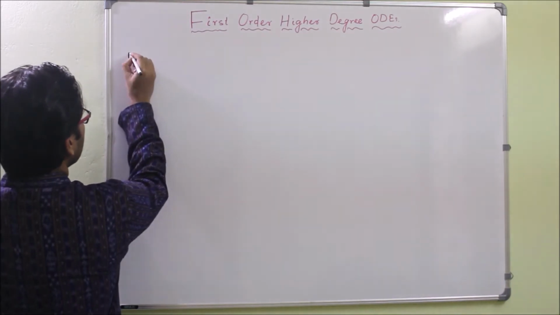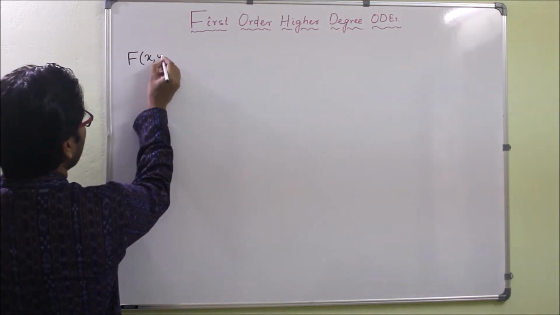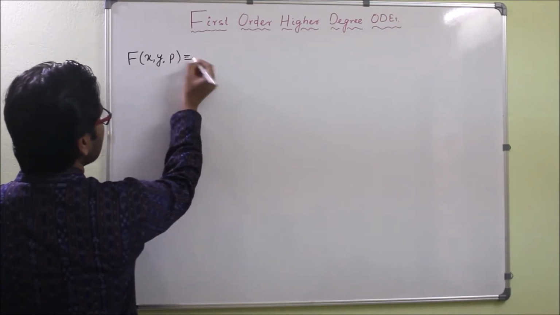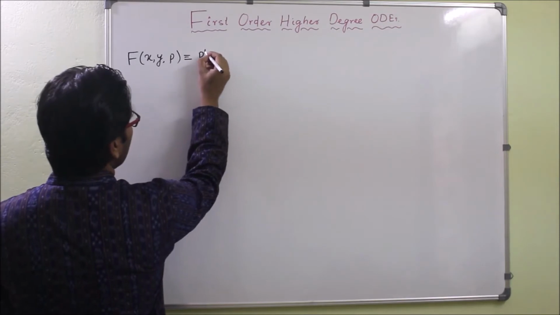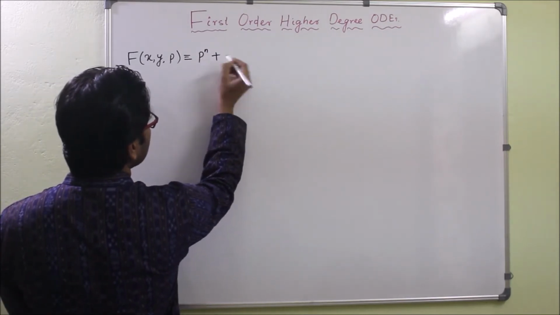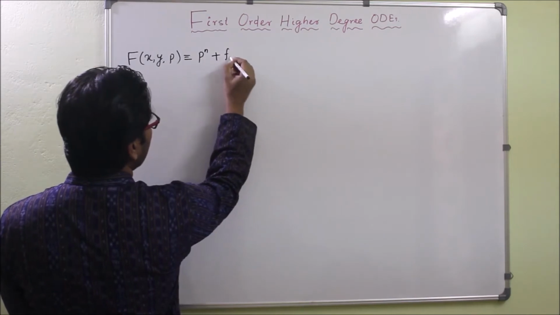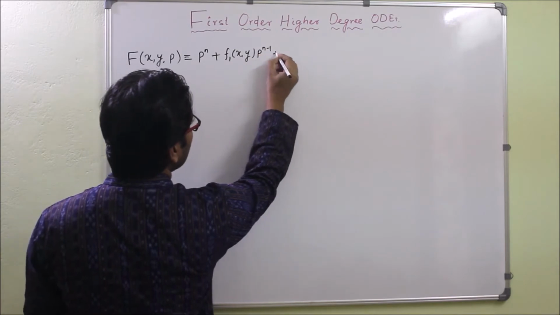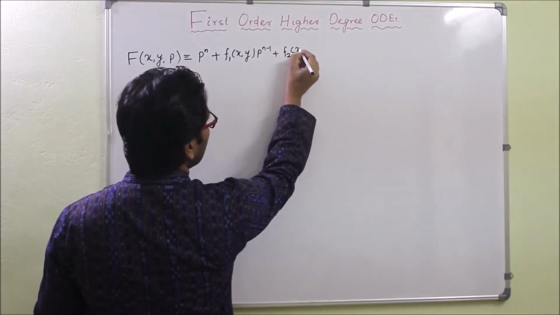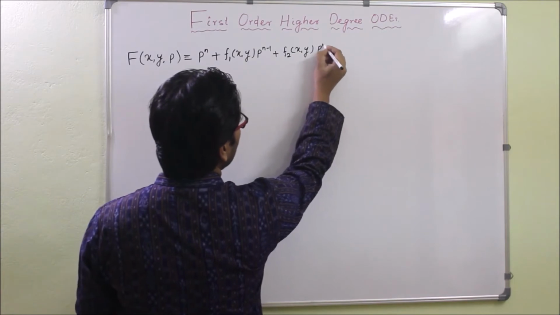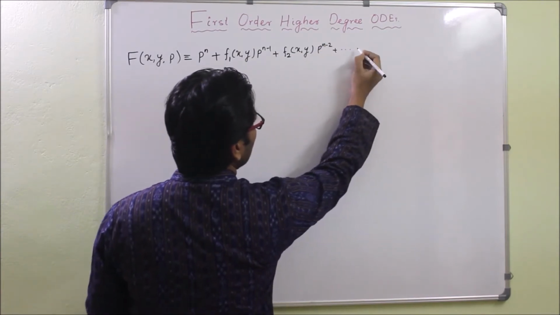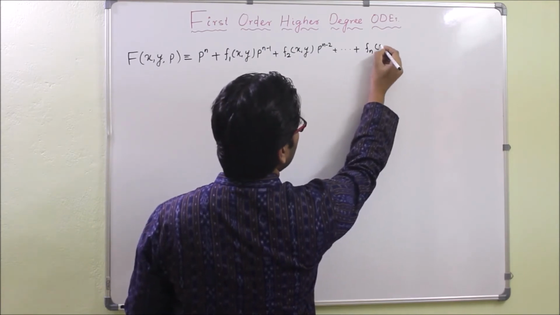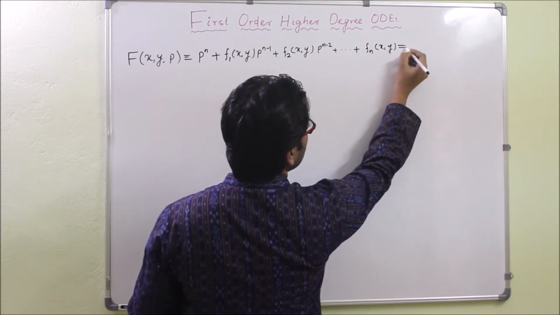So the first order higher degree ordinary differential equation, we can write it as f of x comma y comma p to the power n, plus function f1 x comma y p to the power n minus 1 plus function f2 x comma y p to the power n minus 2 plus and so on, and the last term will be fn x comma y, this equal to 0.